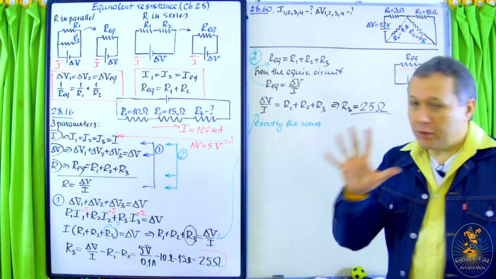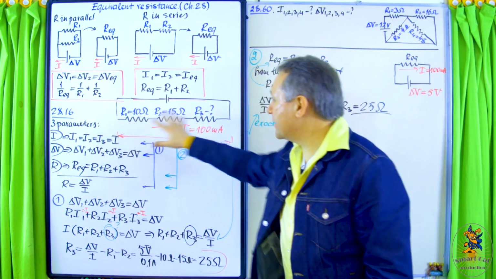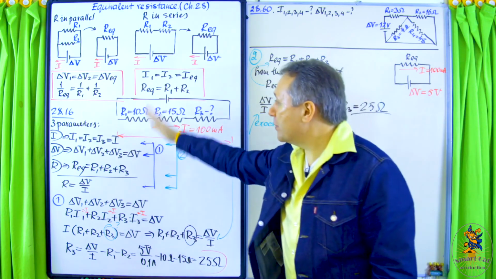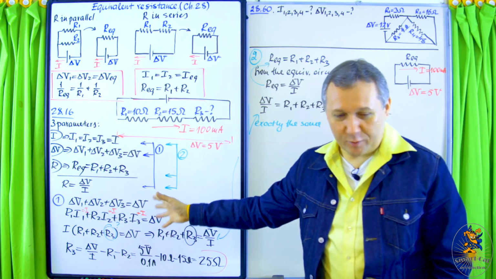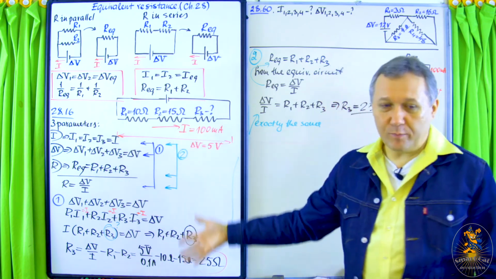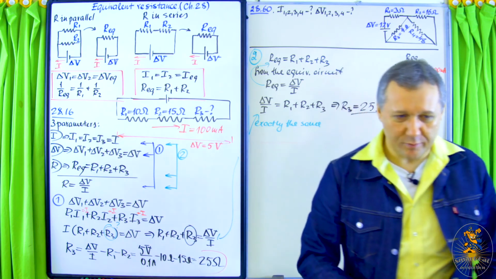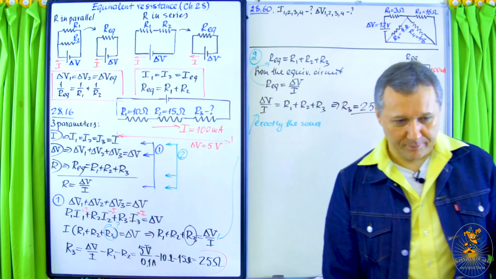As I said, in your homework there will be a very similar problem, even with the values of resistors exactly the same, but the resistors will be connected in parallel. Again, you can identify two methods, and you can use either that or this. It's up to you. The structure and ideology will be very similar.